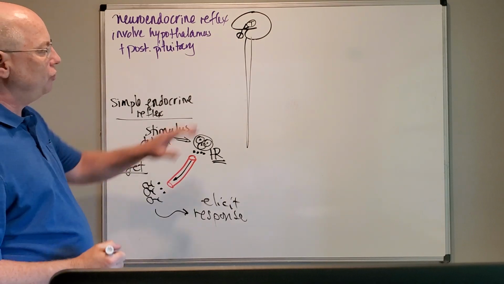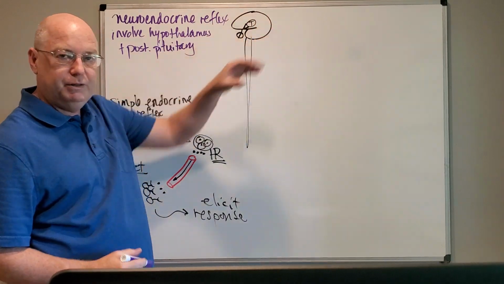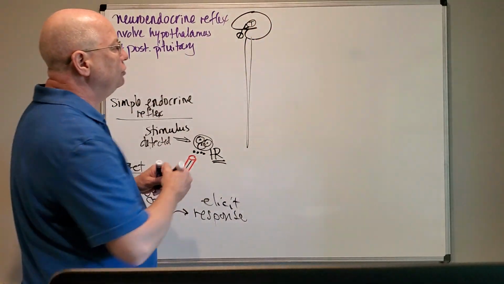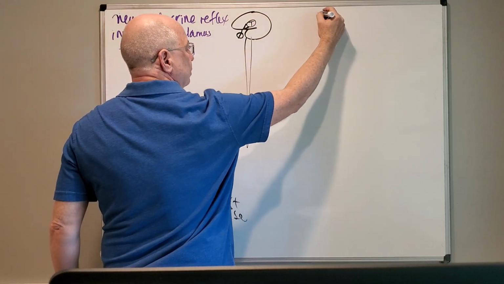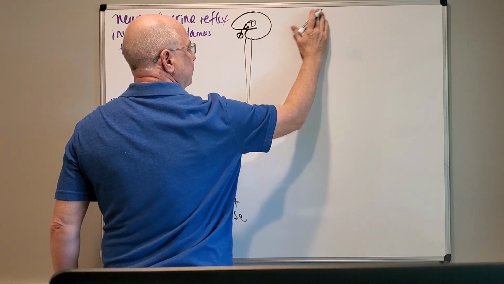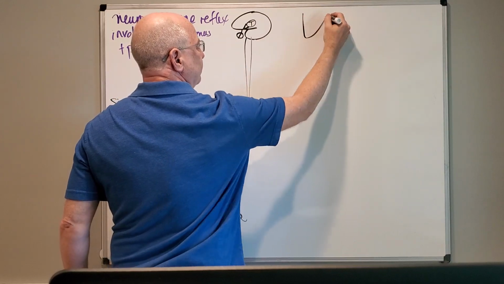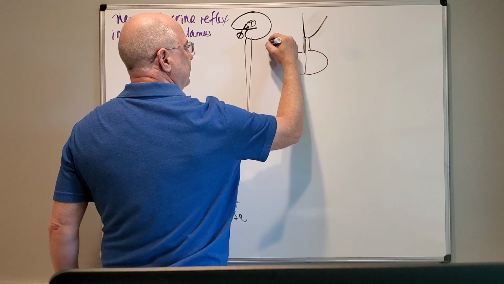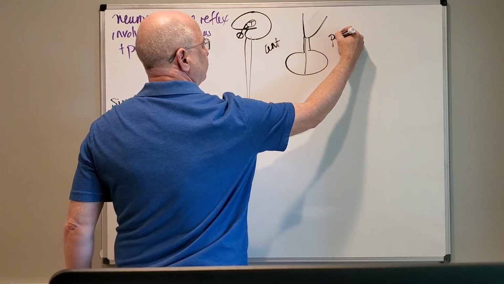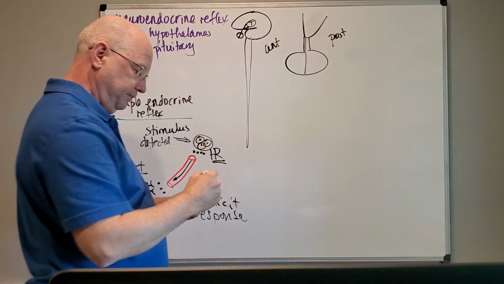I'm actually going to draw this part of the brain a little bit bigger, okay? I'm not going to draw the whole brain, but this little area from the hypothalamus comes down like this. It's actually sort of a wedge-shaped area. It's got a little group of cells hanging off. This would be anterior, and this would be posterior, according to this drawing.